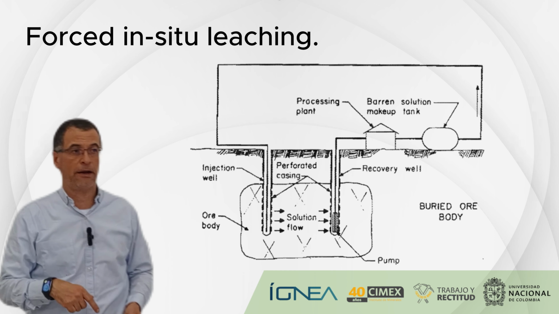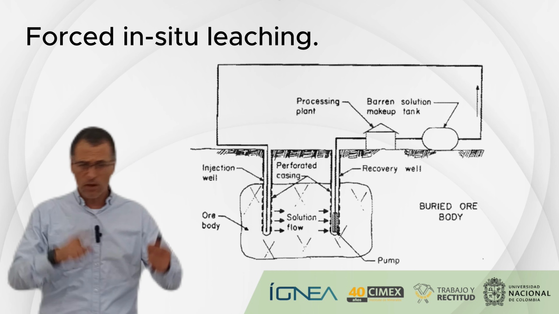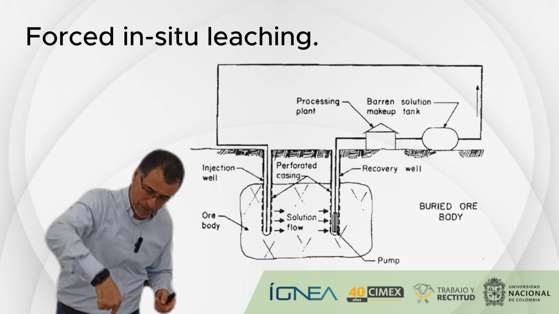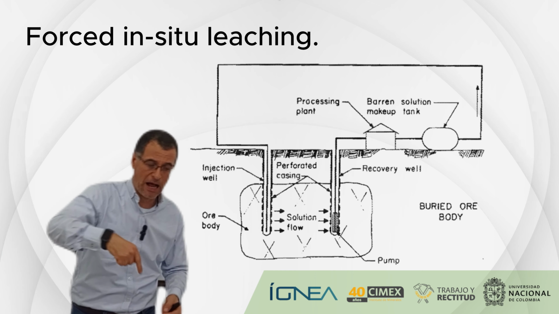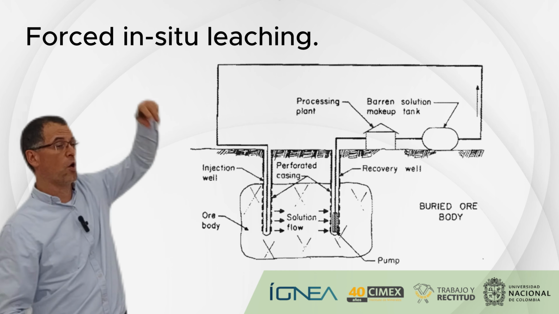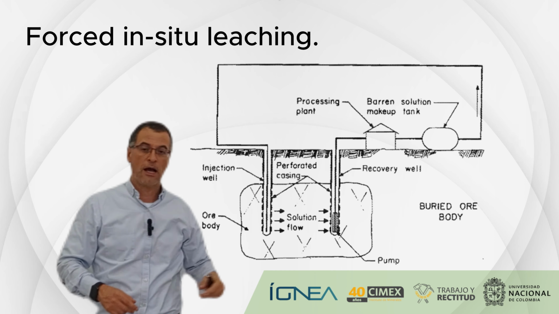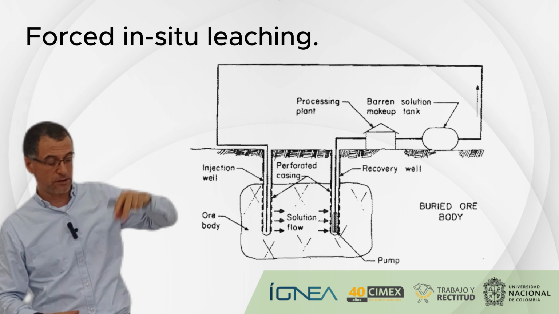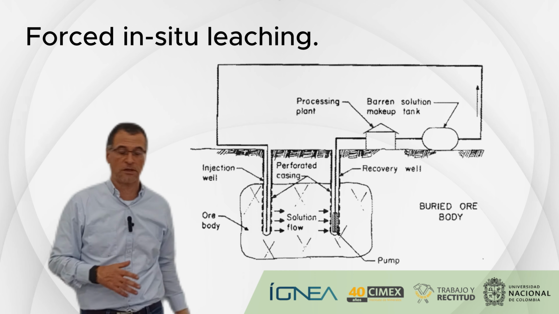In forced in situ leaching, you have some drilling to inject the reagent and other drilling to extract the solution. Then you extract the solution and it goes to the processing plant.